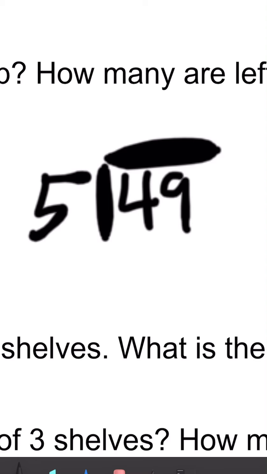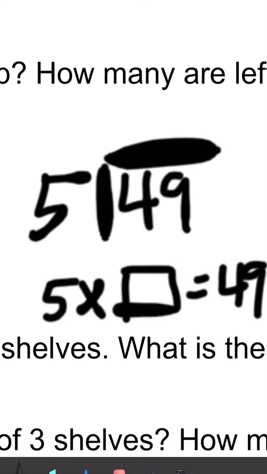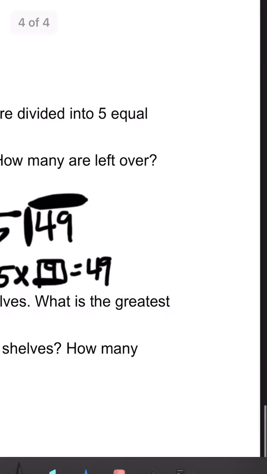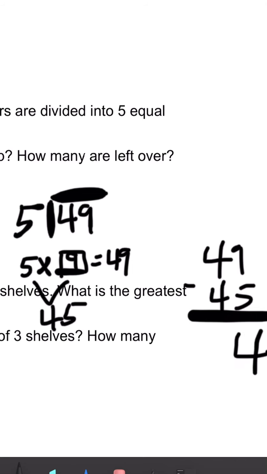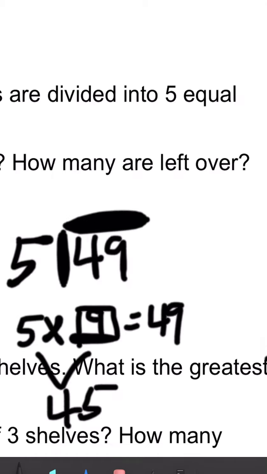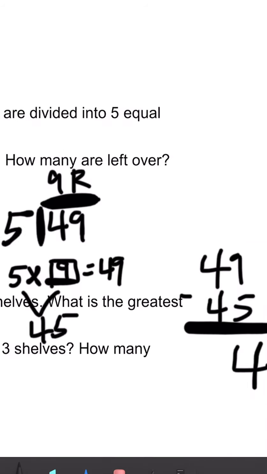Okay, so again, we're doing 5 times what is closest to 49. So 5 times 9 will probably give you the closest. So 5 times 9 is 45. So we'll do 49 minus 45, which is 4. Okay, so you'll do 9 remainder, we said 4.